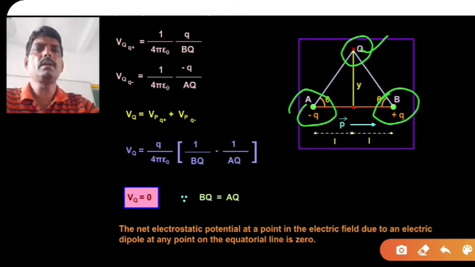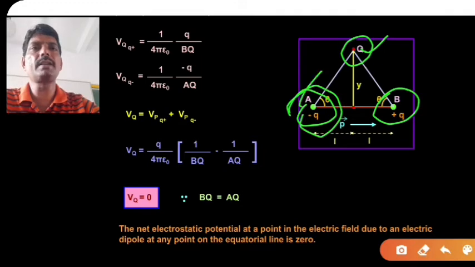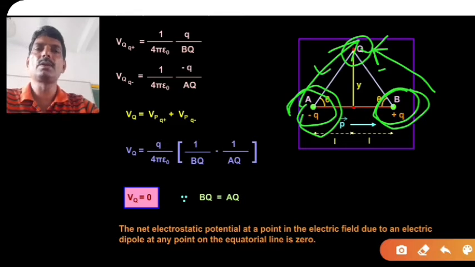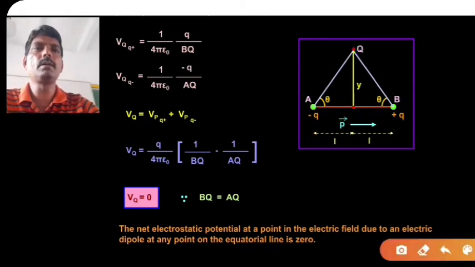Once again you apply the electric potential due to the negative charge at this point and the electric potential due to the positive charge at this point, where the distances are the same. So you will get the electric potential due to the positive charge as 1 upon 4 pi epsilon naught q upon bq. Here bq is the distance.